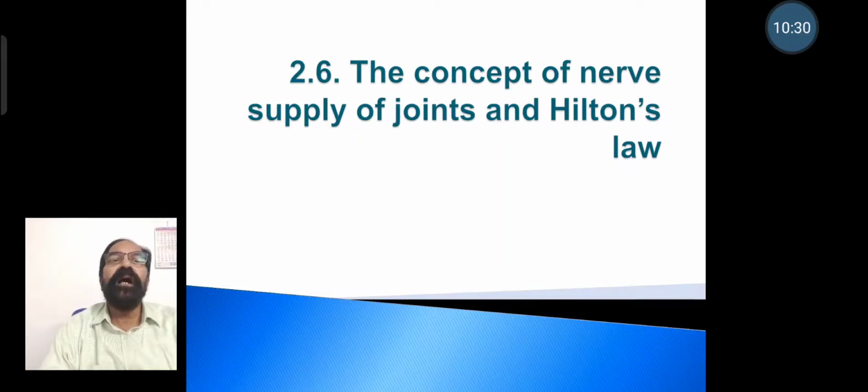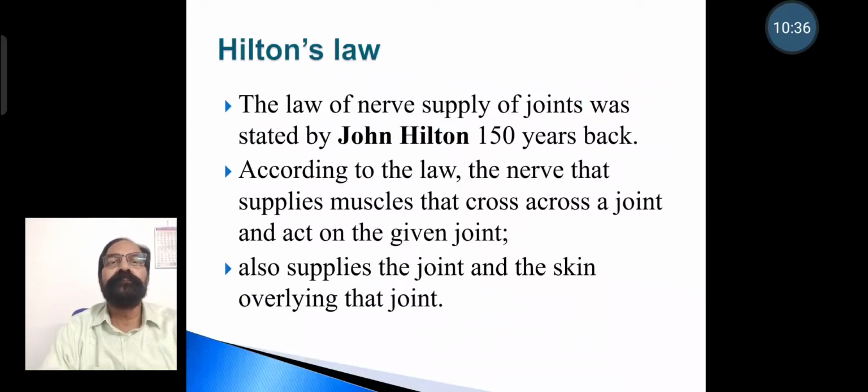Then the concept of nerve supply of joints and Hilton's law. The law of nerve supply of joints was stated by John Hilton 150 years back.